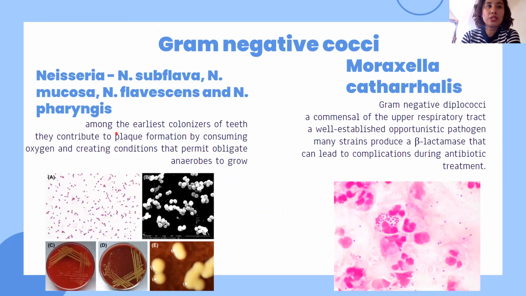Neisseria are early colonizers of the teeth; they create conditions that permit obligate anaerobes to grow. Same thing with Neisseria, guys. Moraxella comes in pairs. Gram-negative also, so pink.